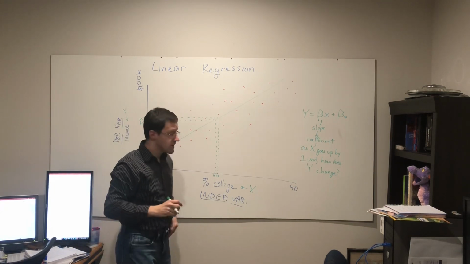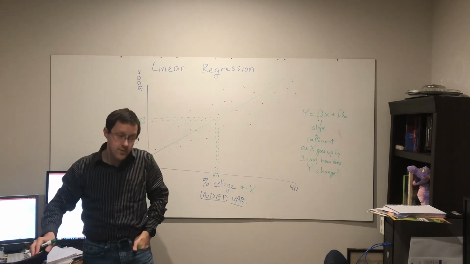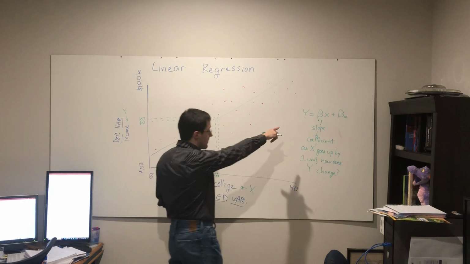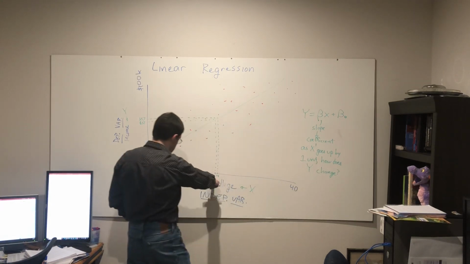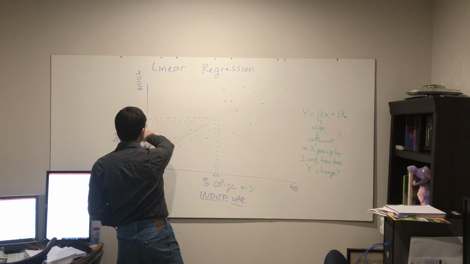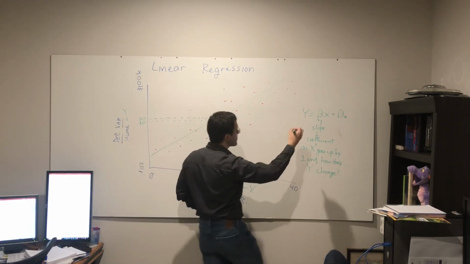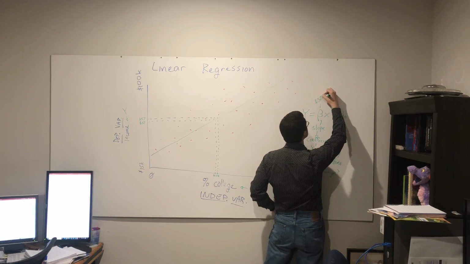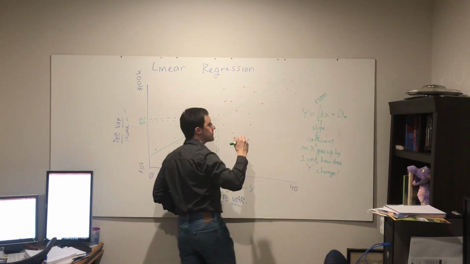And 20% college education rate might be related to 57,000. That means an increase of one here leads to an increase here of, say, $5,000.